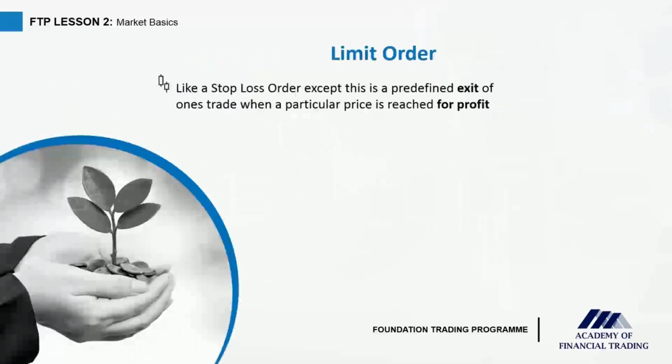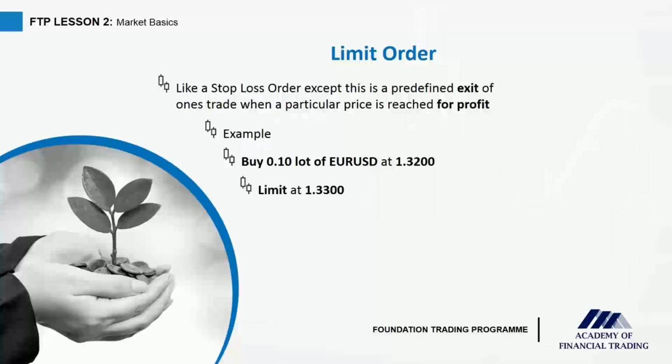We also have protection in place for when you make a profit. There's a good and a bad side to this. The good side is that it assures you of profit when a market does move in your favor. The bad side is that it limits your profit. Okay, it's called a limit order. It limits the amount of money that you make. So if again you bought at 132 as far as Euro USD was concerned, you might say that if it does move in my favor to 133, I want out.